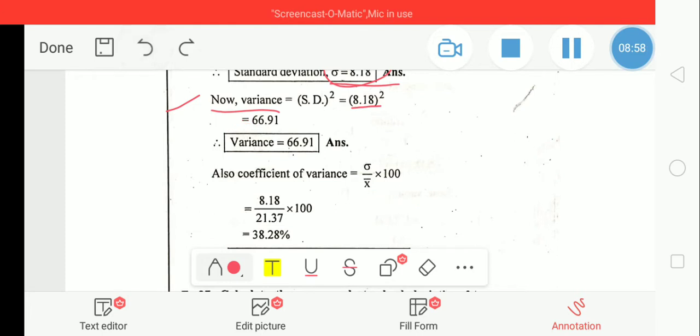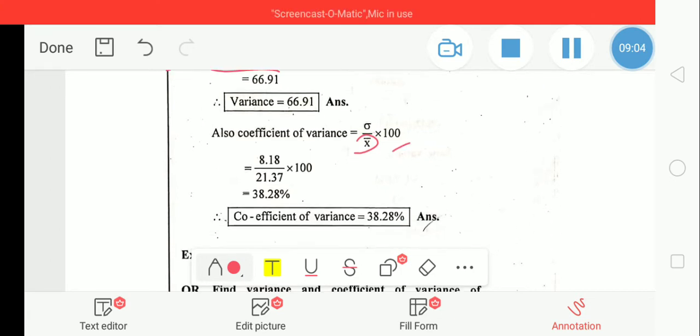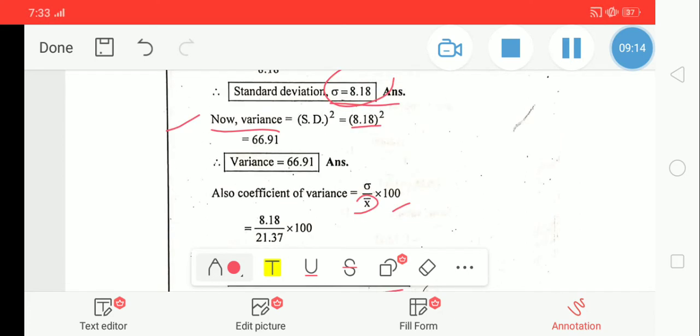Sigma is 8.18 and mean x bar is 21.37, multiplied by 100. So coefficient of variance is 38.28%. Coefficient of variance is 38.28, variance is 66.91 and standard deviation is 8.18.